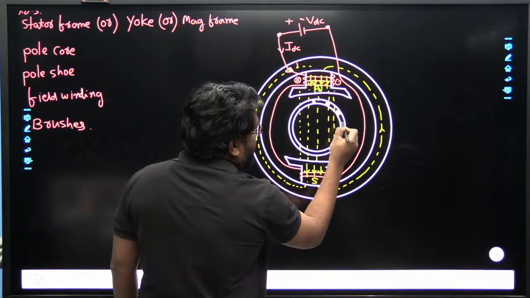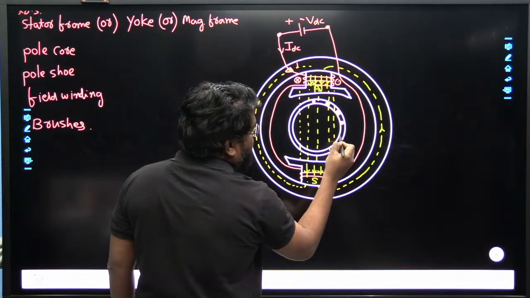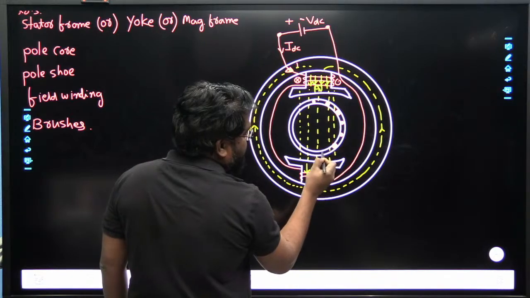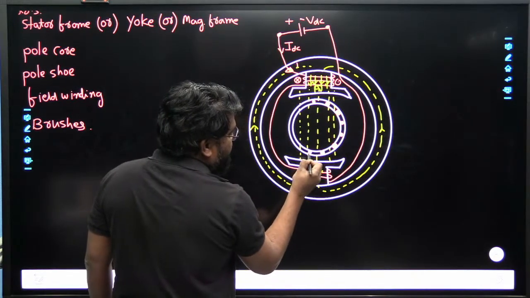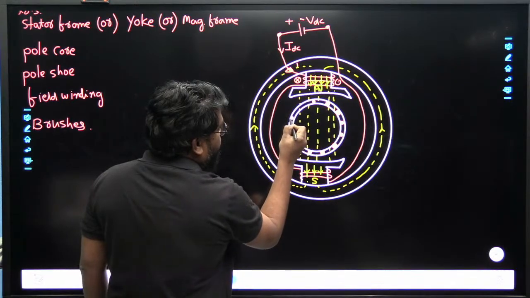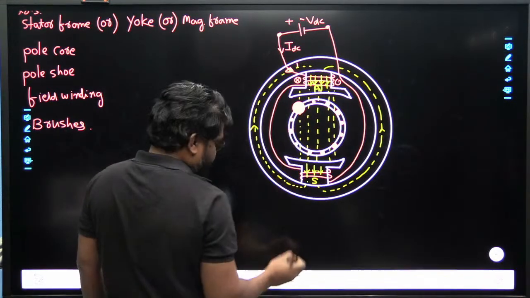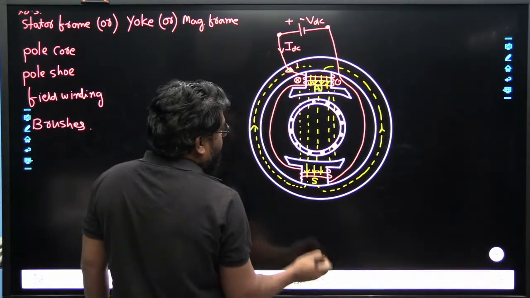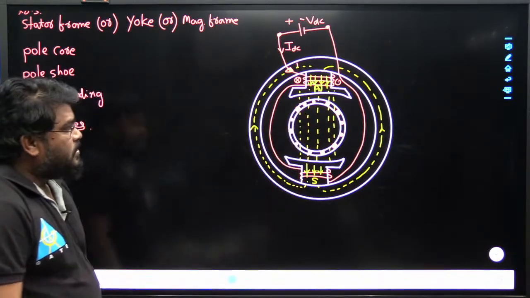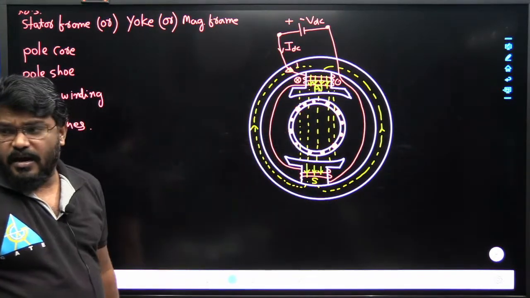This one is another conductor. All the conductors are placed like this. It takes some time, just wait. So these all are armature conductors. This part we can say is the armature core.